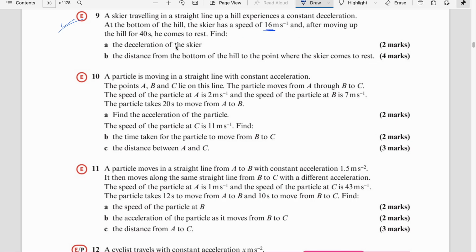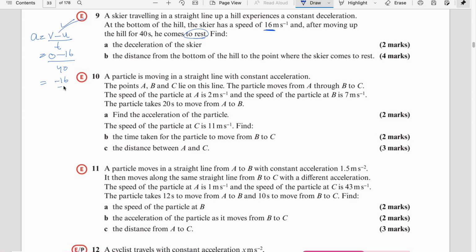So we have the initial speed, final speed, and time. If I use the formula for acceleration, that is final velocity minus initial velocity divided by time taken. My final velocity is 0 because it comes to rest. Initial velocity is 16 at the bottom of the hill. Time taken is 40 seconds.